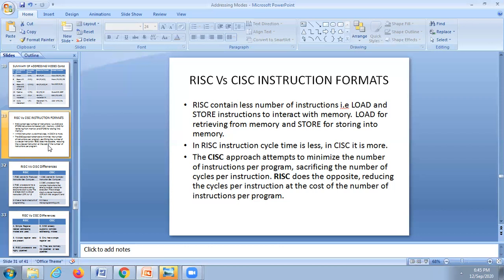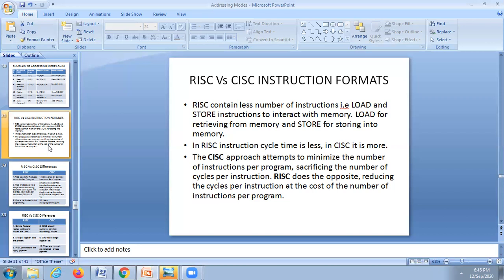Then here, most of the instructions in RISC processors use registers as operands. At the same time, RISC processors will use fewer addressing modes, whereas CISC processors will use more addressing modes.